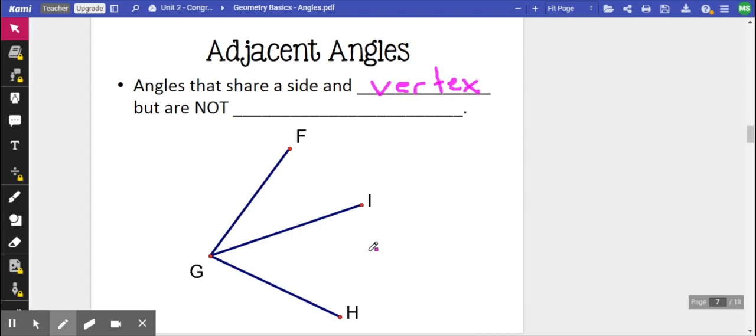We don't necessarily know just based on the information in this picture, but we know that they're basically just next to each other. That is what adjacent means, something being next to something else. So not necessarily equal.